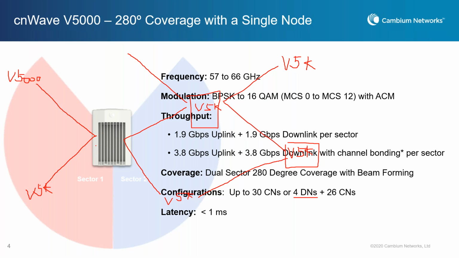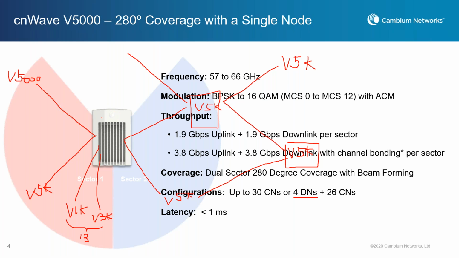From the same device, you could connect to a V1000 at the CN or a V3000 for longer range at the CN. You can connect up to 15 devices. If you have 2 CN connected already, then the number becomes 13, because we can only support up to 15 per sector, and totally it will be 30 devices for the whole V5000 model.